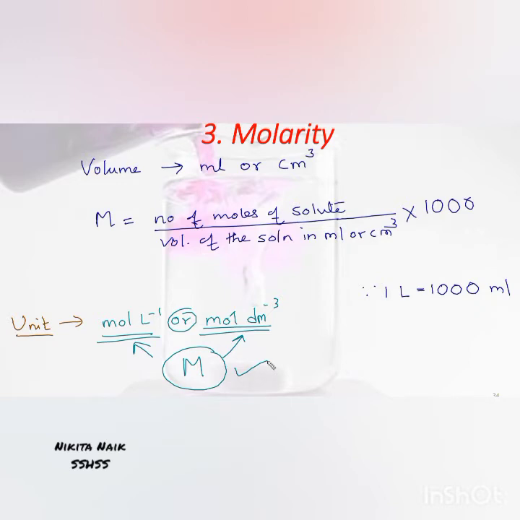If NB moles of solute are present in V ml of solution, then molarity will be equal to NB, that is the number of moles, and volume is given by V into 1000.